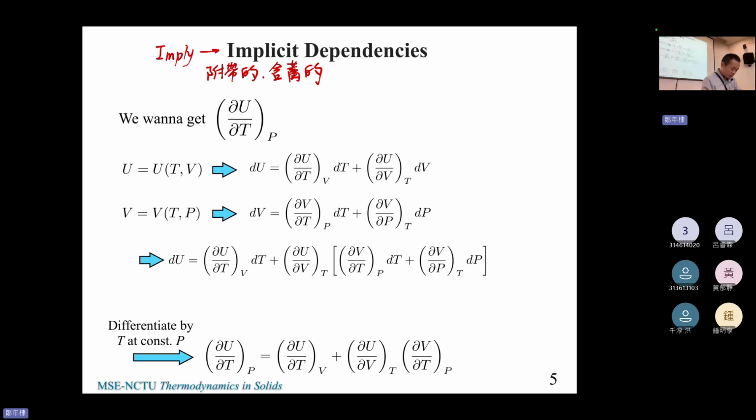How to do that? Because you can see here is something that doesn't appear here. All right, so we want to get rid of this. Sorry, too small.